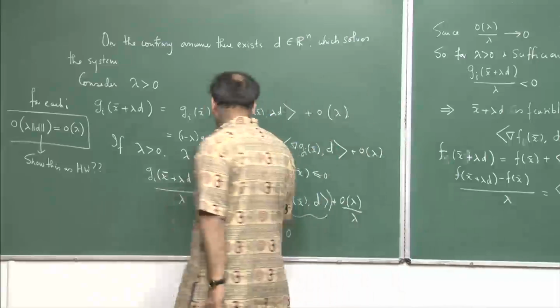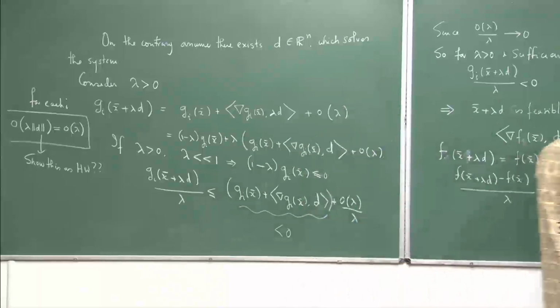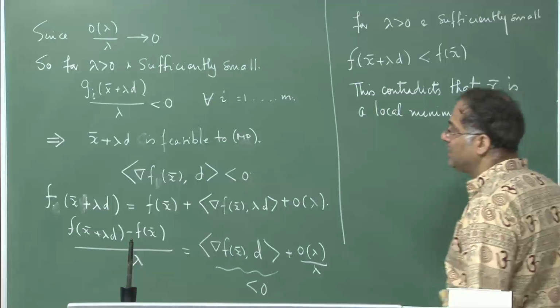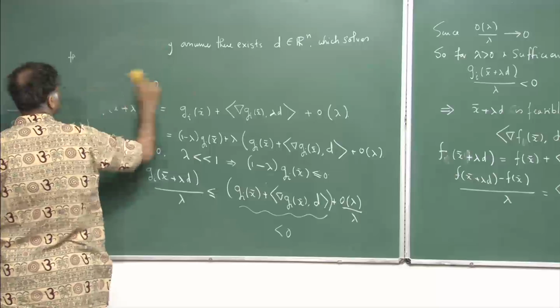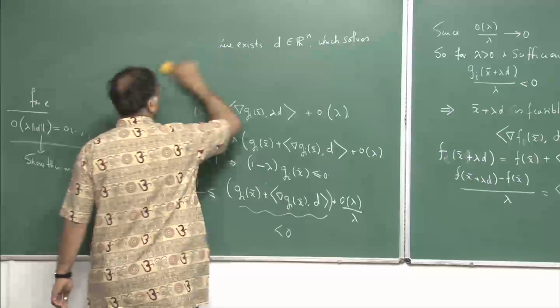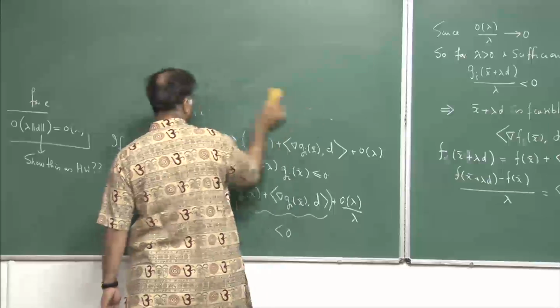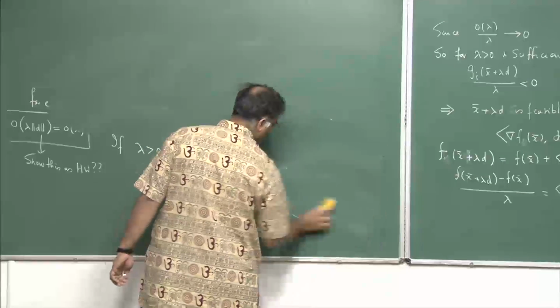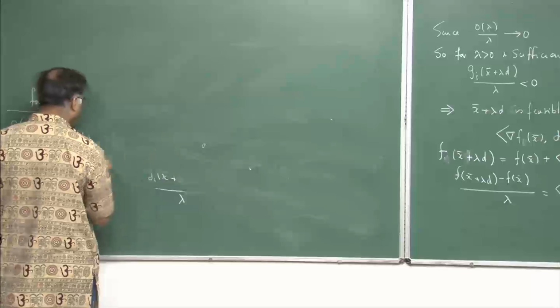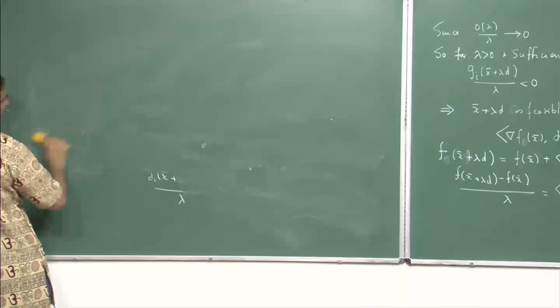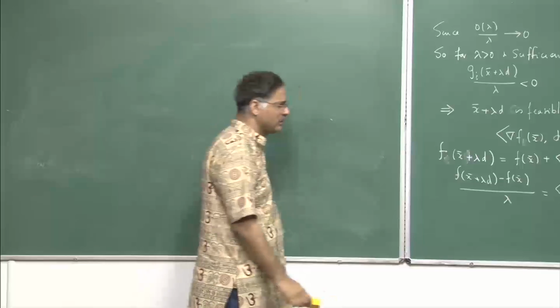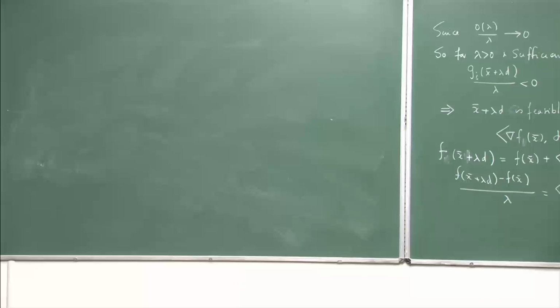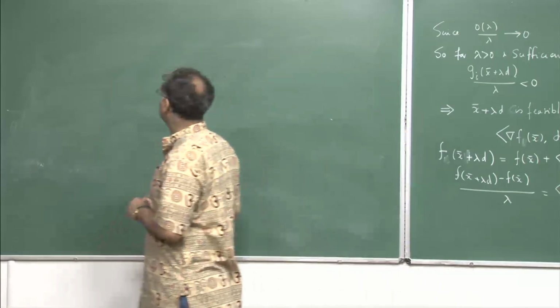In order to do that, we will now state something called Gordan's theorem of alternative, where basically there will be two systems of inequalities, and among those two systems only one would have a solution at a given time, in the sense that if one of them has a solution, the other wouldn't have a solution, and vice versa. If system 1 has a solution, system 2 has no solution. If system 2 has a solution, system 1 has no solution.